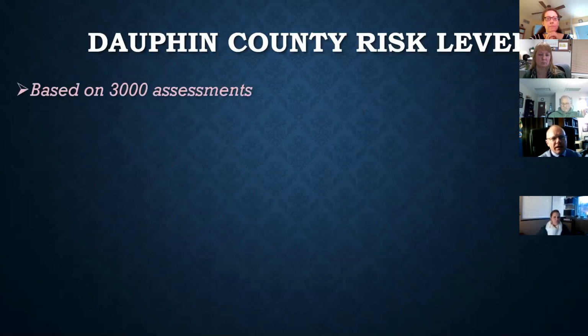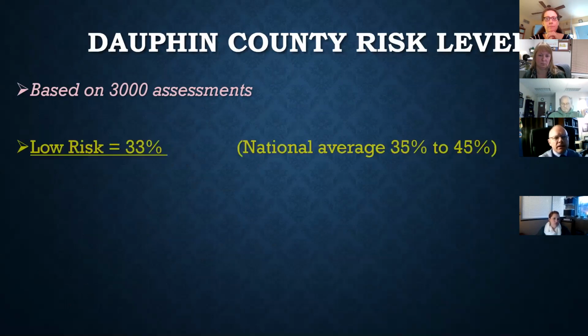So I'm going to give you some statistics on Dauphin County assessments, and thanks to our QA team. Look at our low-risk population. Right now, based on the first 3,000 assessments we've completed, 33% scored out as a low. National average is 35 to 45%. So we're a little out of the norm, and that's not uncommon.